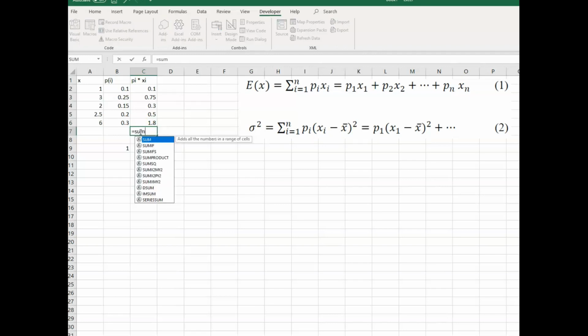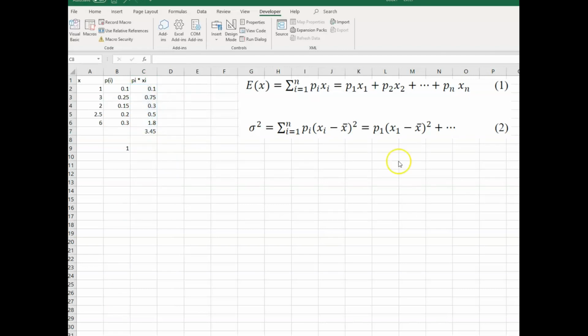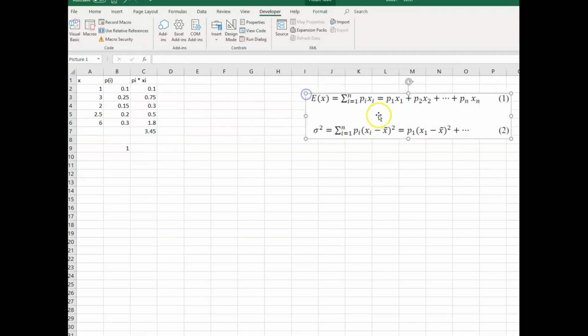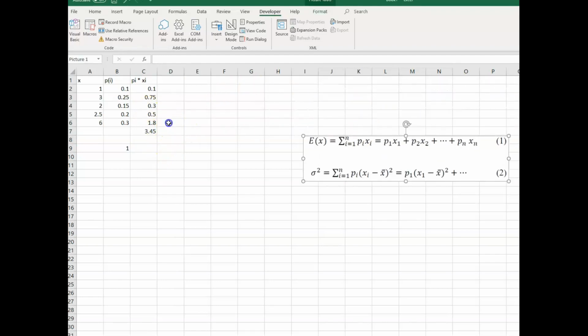The summation of all these values will be our expected value. I'm going to use show formula to show it. I'll put it here. So this is the final summation, equal, show formula.